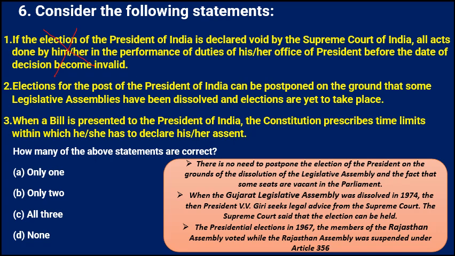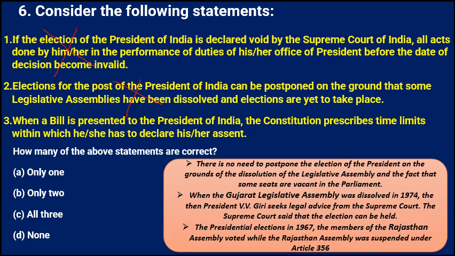Next, the election for the post of the President of India can be postponed on the grounds that some legislative assemblies have been dissolved and elections are yet to take place. Yes, it is also incorrect. Due to gaps or vacancy in the electoral college, presidential elections cannot be postponed.